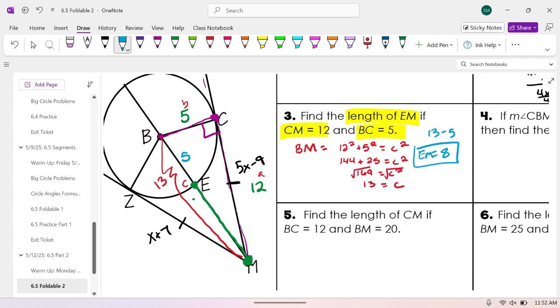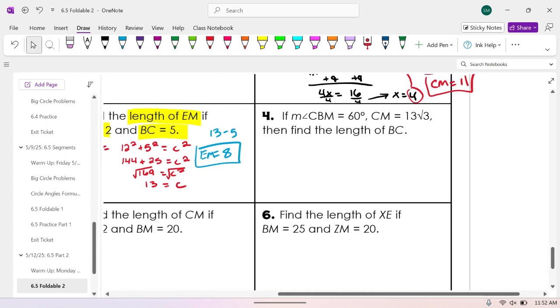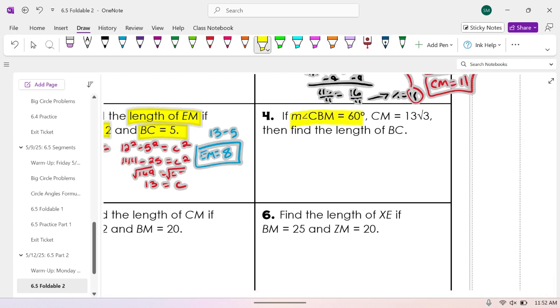Any questions on that one? All right. So if angle CBM is 60 degrees and CM is 13 square root 3, find the length of BC.